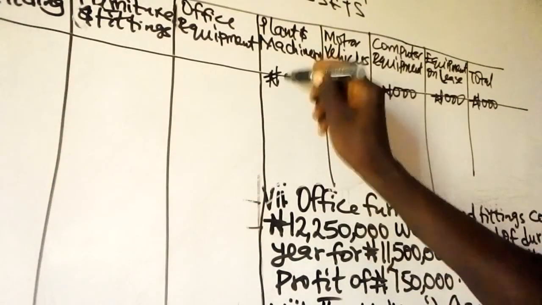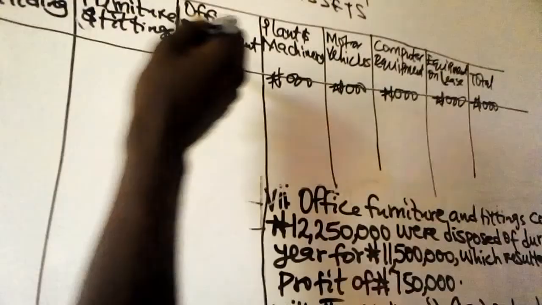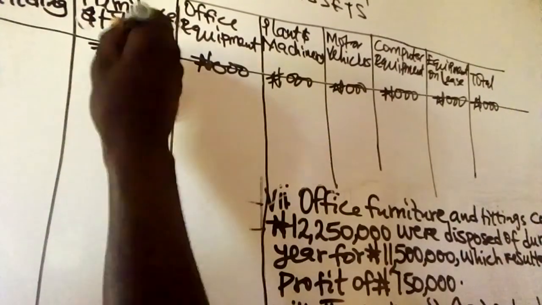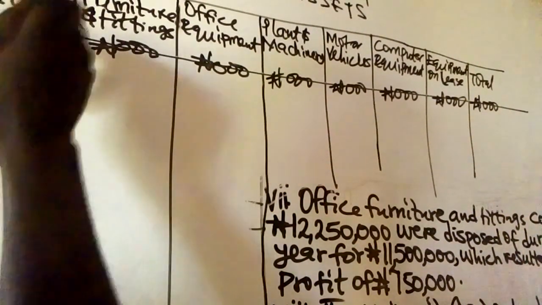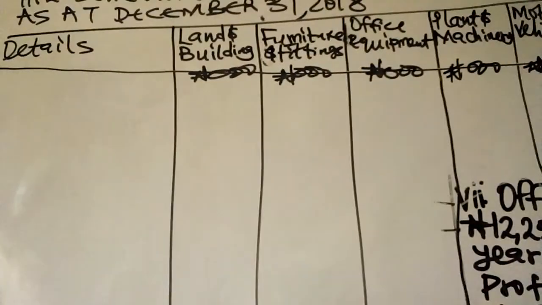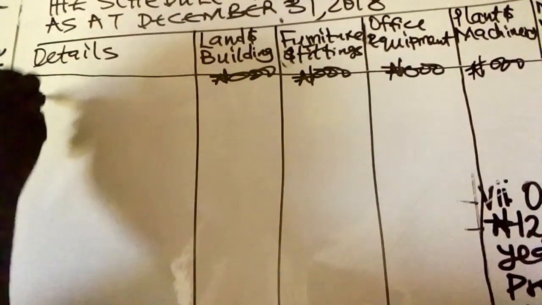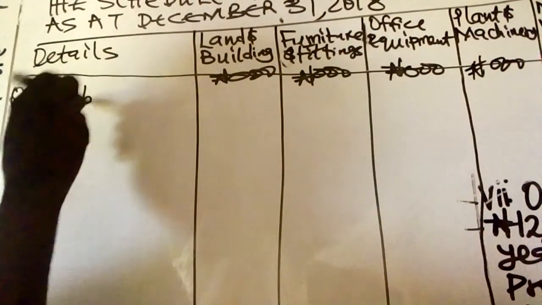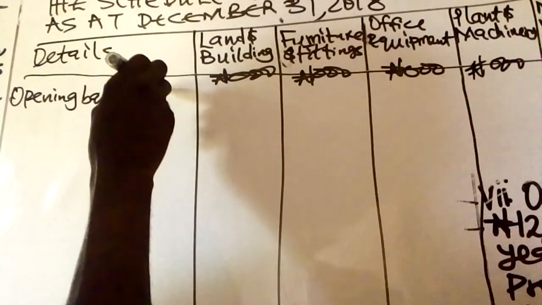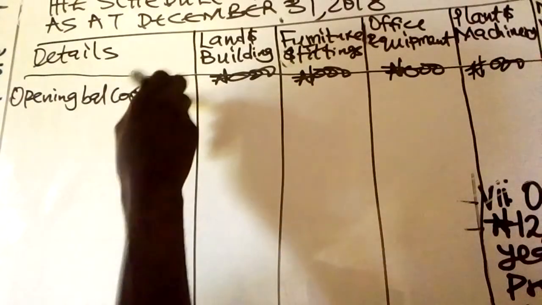I've told you that the first thing to start with is the opening balance. You start with the opening balance, the cost or the fair value. The opening balance, that is cost, as at 1st of January 2018.